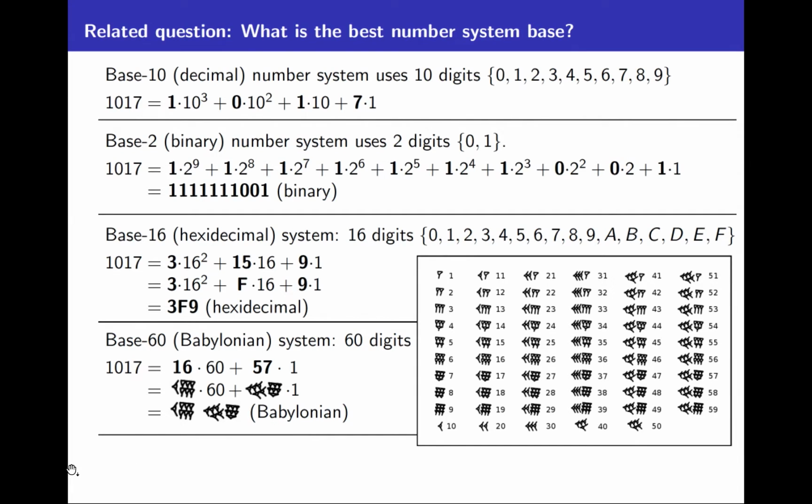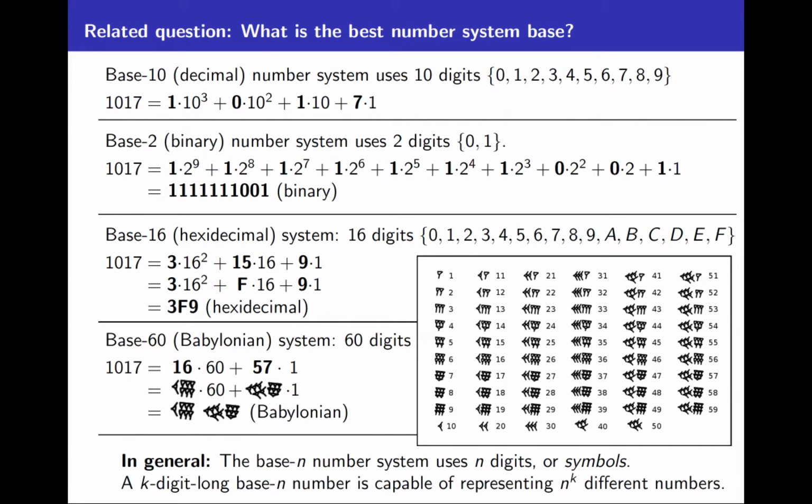So the takeaway from this is that anytime you have a positive integer n, you can have a base n number system. In general, the base n number system uses n digits or symbols, and numbers are represented by strings of those n digits or symbols. And if you think about it, a k-digit long base n number is capable of representing n to the k different numbers.